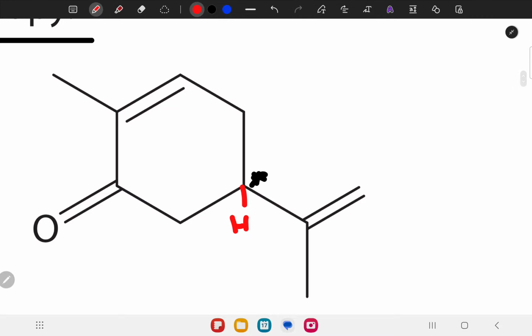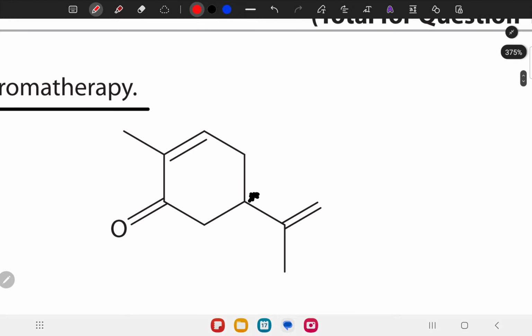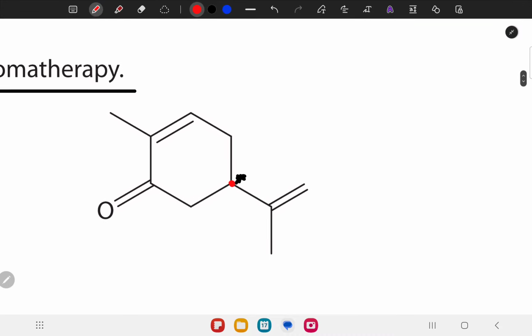So there are 4 different groups. Any point with 4 different groups of atoms bonded to it is a chiral center. This is a chiral center, so optical isomerism will be shown here.